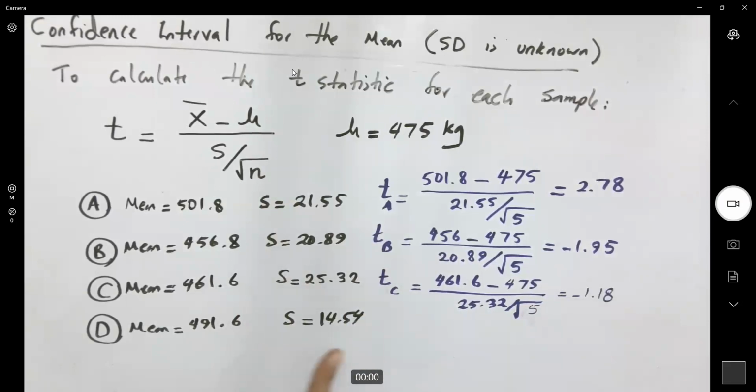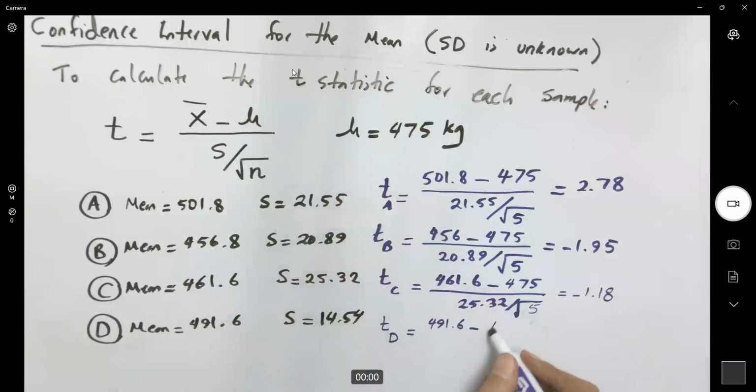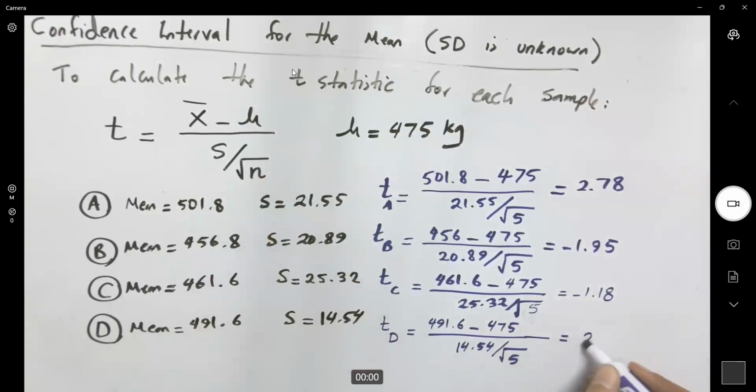And finally, for the last sample, T sub D is equal to X bar, which we calculated as 491.6, minus the mean of the population, 475, divided by the standard deviation, 14.54, over the square root of the sample size, which is 5. This is approximately 2.55.